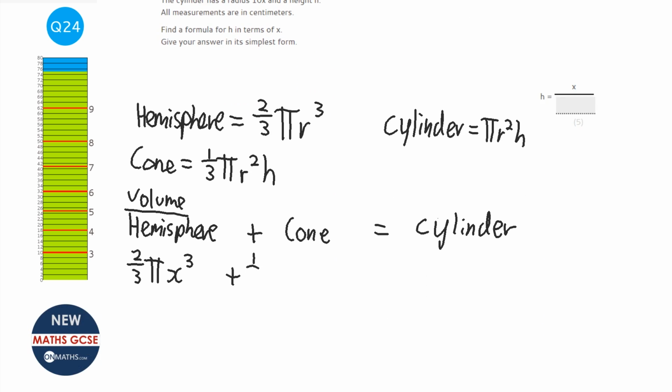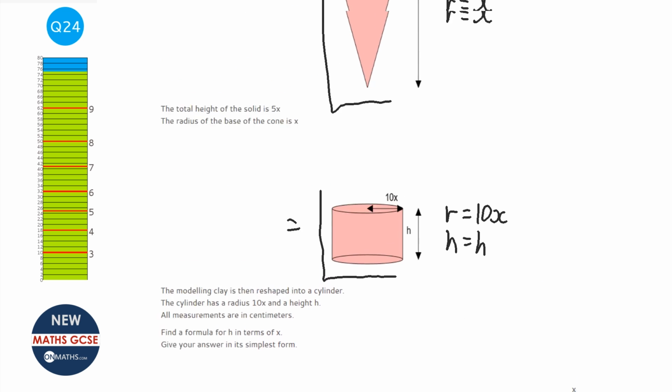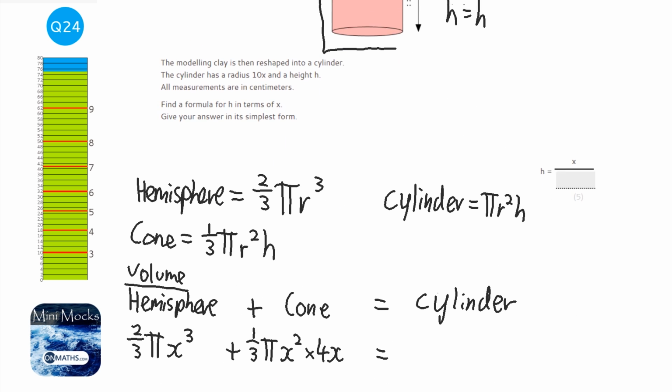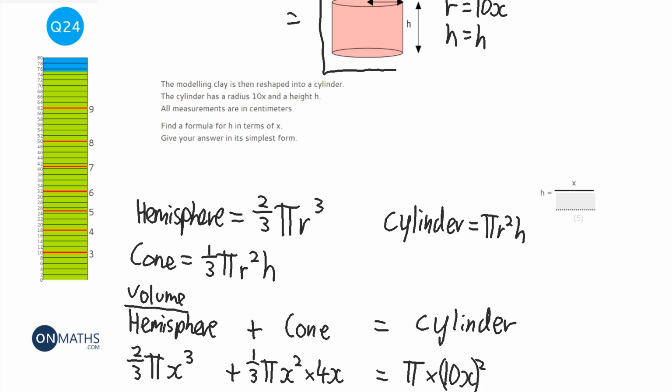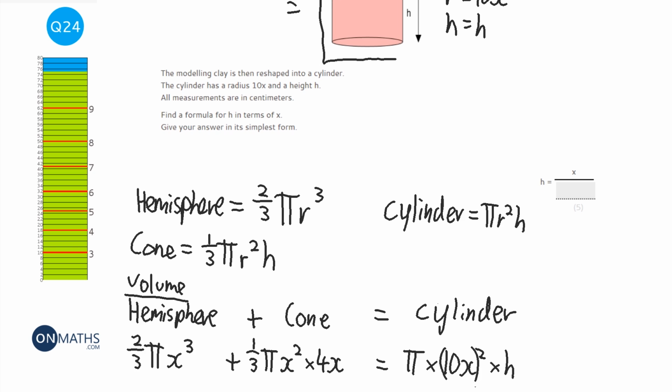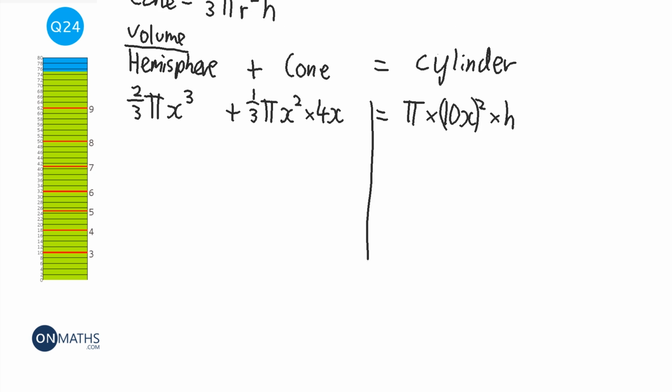So it's going to be 1/3 pi x squared, because the radius is x, and is it 4x? Let's double check that. Always double check. Yeah, it is. Okay. So the cylinder, and I'm going to leave that up so I can see it, is pi, and what's the r? So pi times 10x squared, and all of that squared, because all of that is r, times the height, so times h. Okay, so this is the formula we've got to work with.